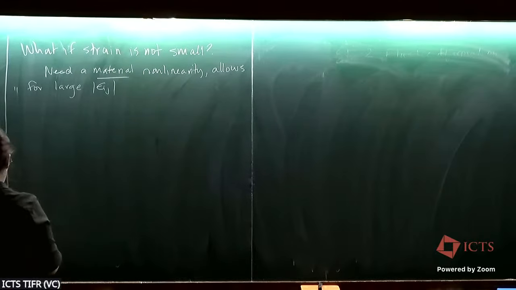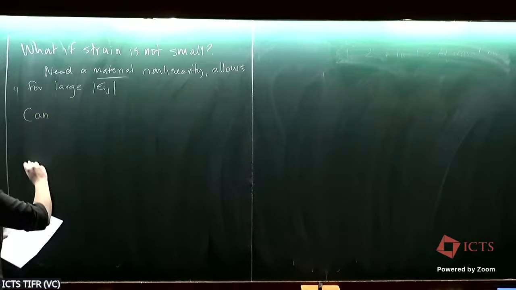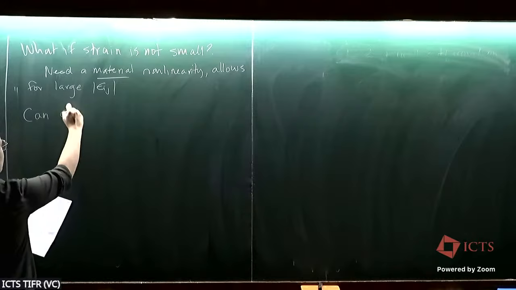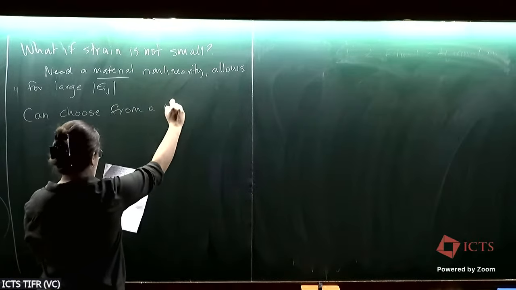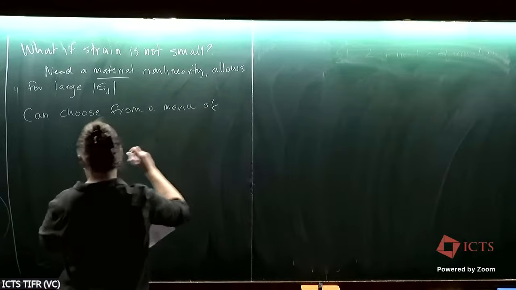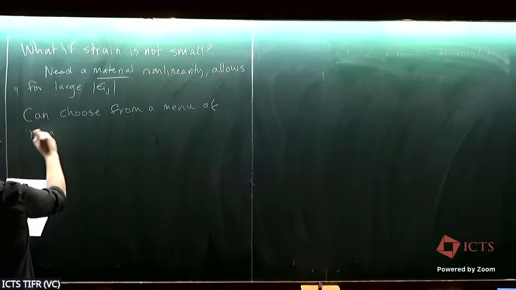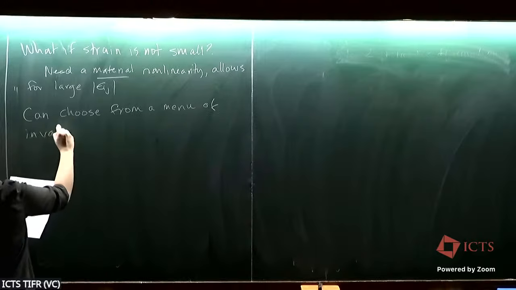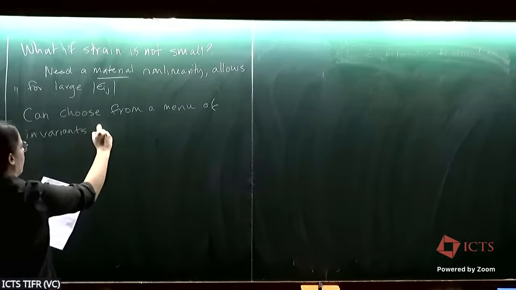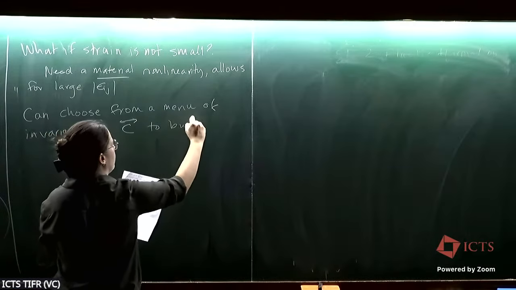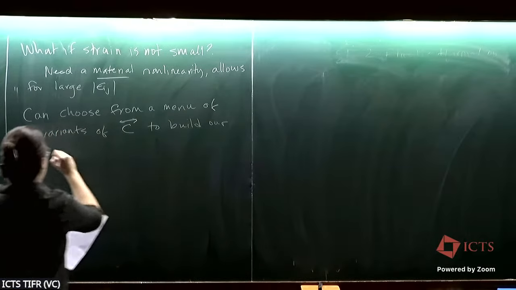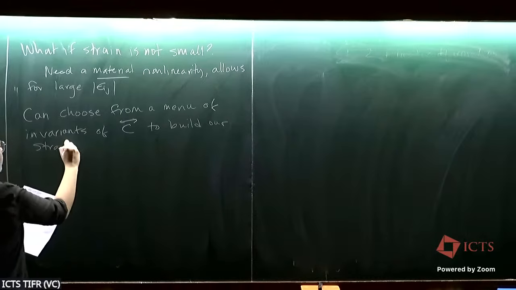So we do this systematically using C. What we will want to do to construct energy density functions is choose from a menu of invariants of C to build our strain energy function.